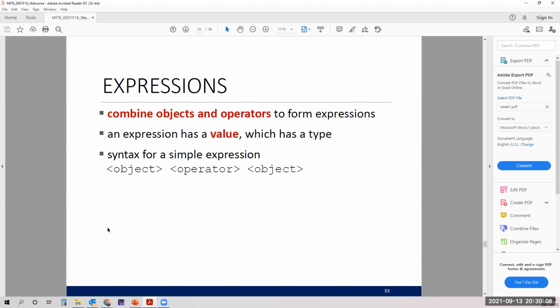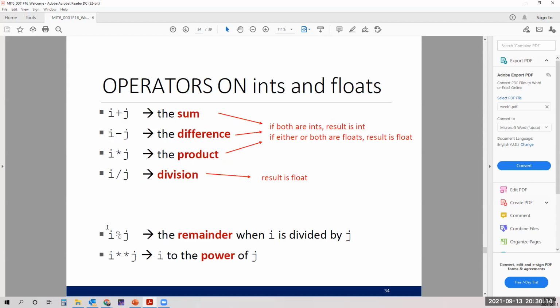The syntax of a simple expression is object, operator, object. I plus j is an expression, and we are looking for the sum. I minus j is the difference, the subtraction. I times j is the product, the multiplication. I slash j means the division.